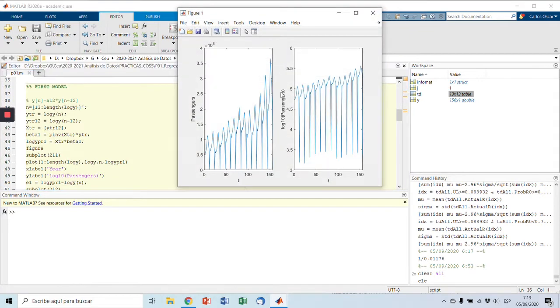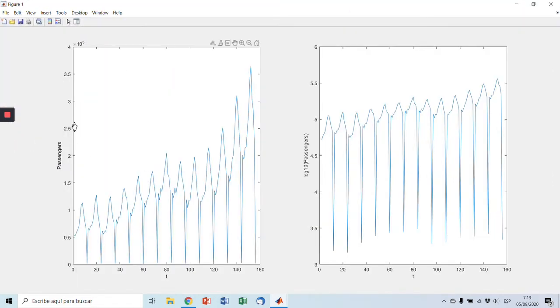When we plot it as a function of time, and here time starts arbitrarily at 1 and goes to the last month that we have data, what we see is that in natural units, so this is the absolute number of passengers, we see a growing trend, and we also see that there is a very large variation.